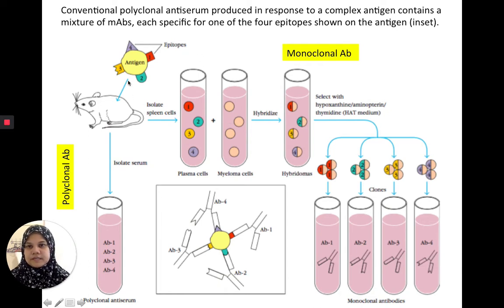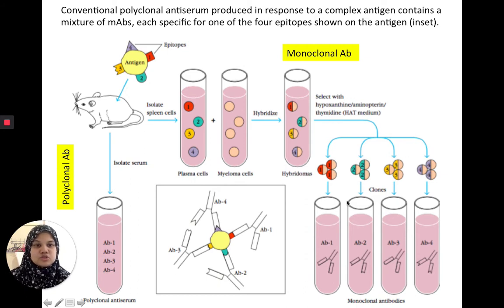So if, let's say, you've gotten the antigen, which you use to immunize the animal, you need to isolate the spleen cells and separate the plasma cells. Mix them with myeloma cells, which is what we call hybridization. So you've got a hybridoma of the plasma cell and the myeloma cell.